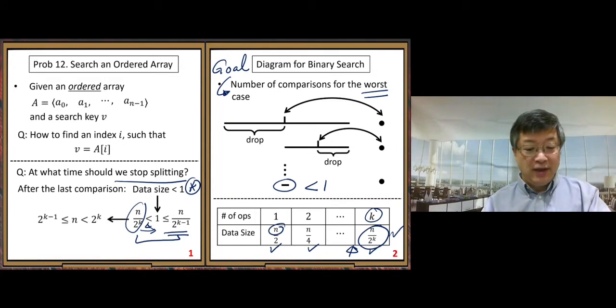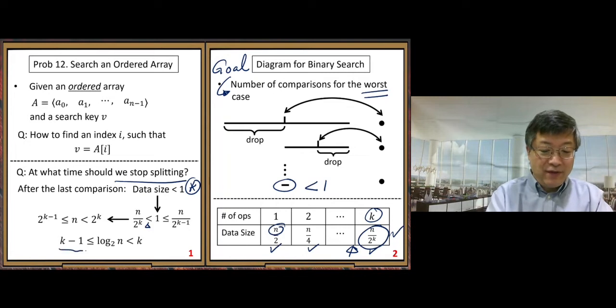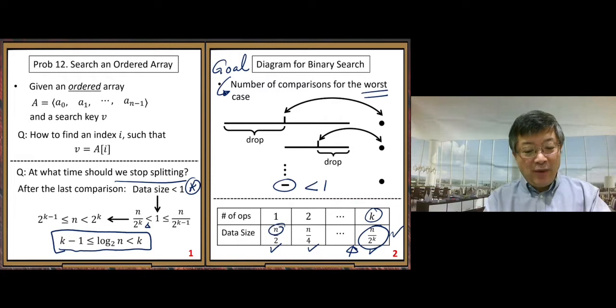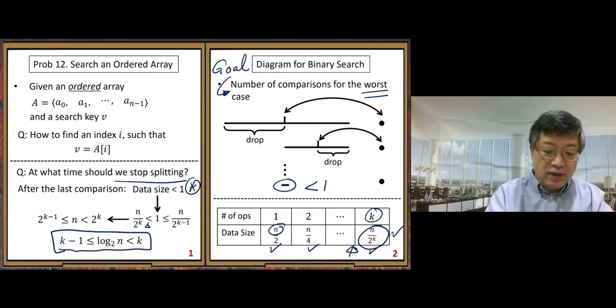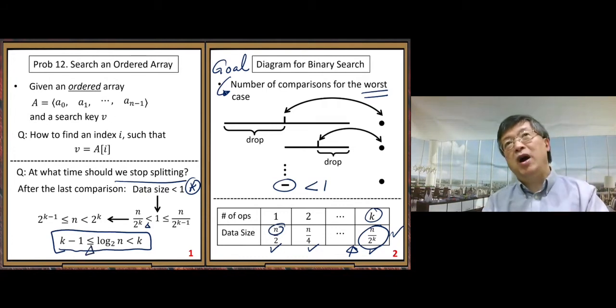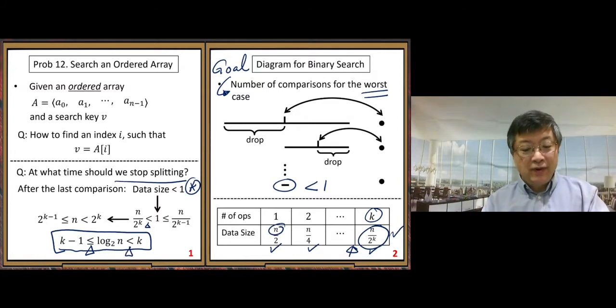So after simplification, you know how to do it. Then take a logarithm. We have this. Log base 2 of n is between these 2 integers: k minus 1 on this side with less than or equal to, there is an equal part, and on this side no equal.